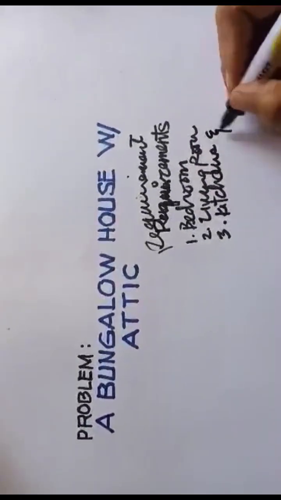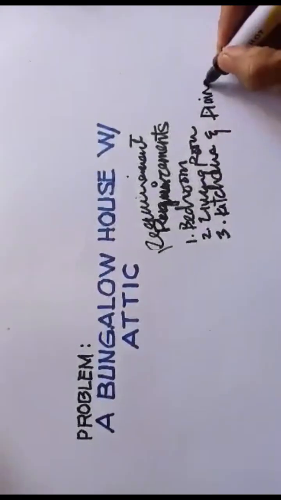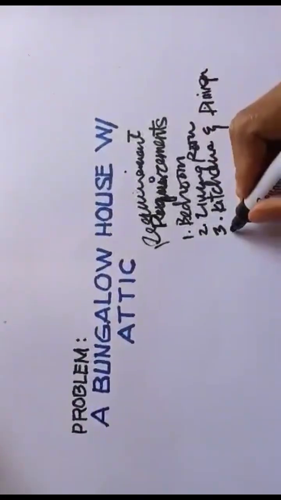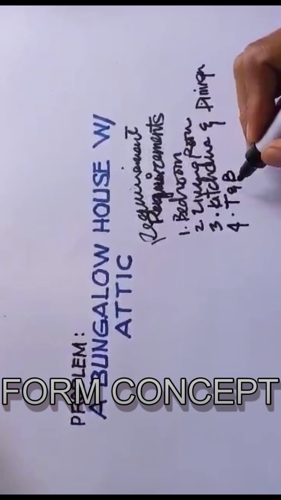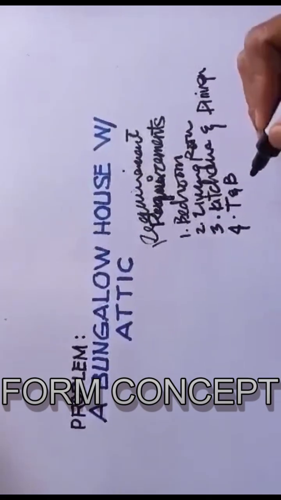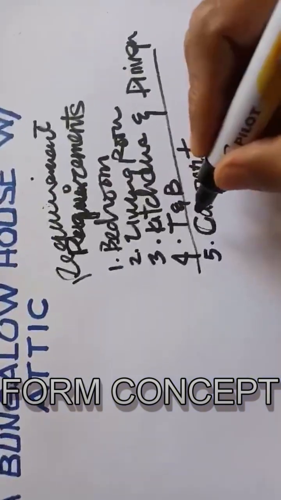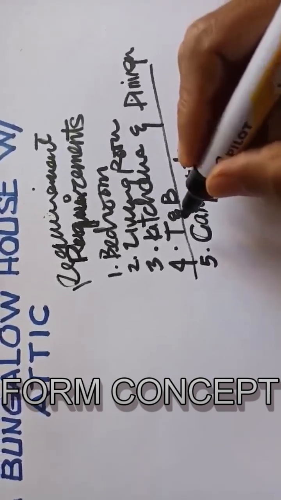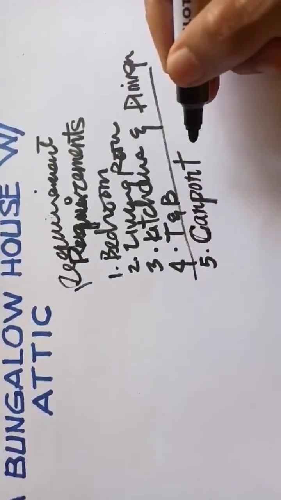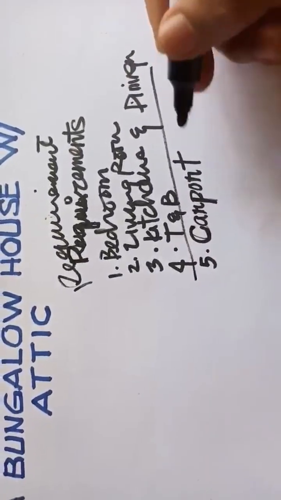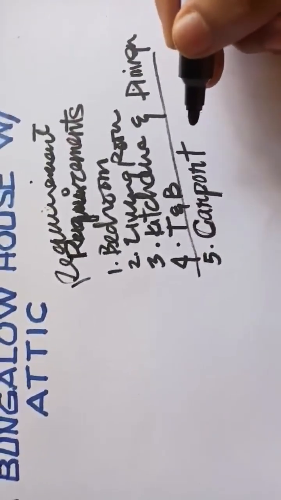Kitchen and dining, okay, and then adjacent to them, and then no more. And then the last one would be the carport. So these are the requirements gathered from the client. I mean, this is what the client wants and needs.